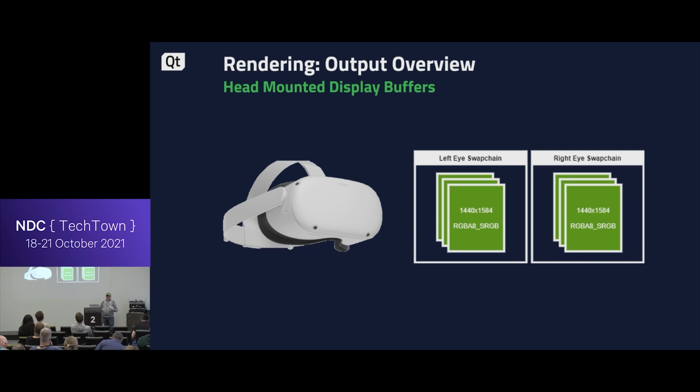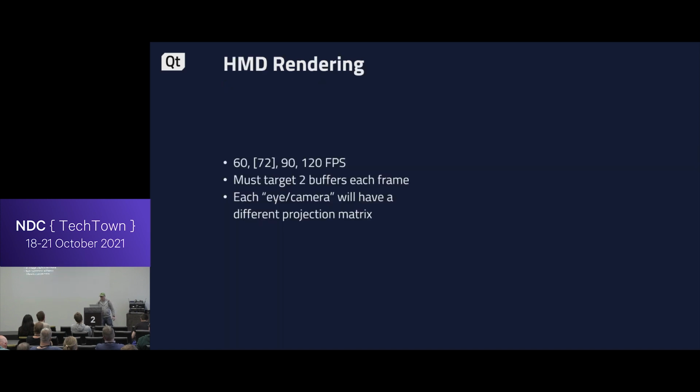In practice that's just like a triple buffer of 3 textures of 1440 by 1584. With OpenXR, I can create these and say I want them to be RGB8, sRGB, and this is the maximum size. You set up all that stuff, and you basically have these 2 swap chains. Then you need to render to both of those to get the stereoscopic view.